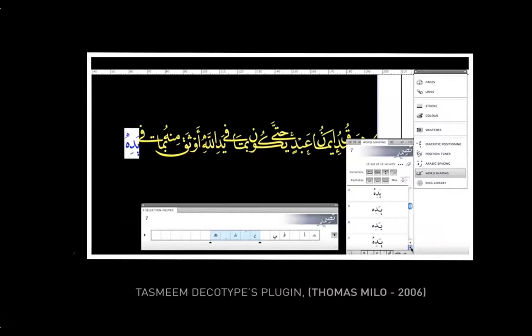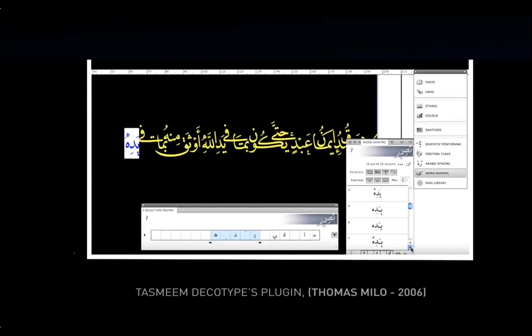On the opposite side of the spectrum, we see Decotype's plugin Tasmim, created by Thomas Milo in 2006, that managed to utilize the new technology to correctly display Arabic calligraphy, respecting all norms and rules. And it allowed designers actually to manipulate each letter separately to achieve the desired calligraphic compositions that they wanted to design.